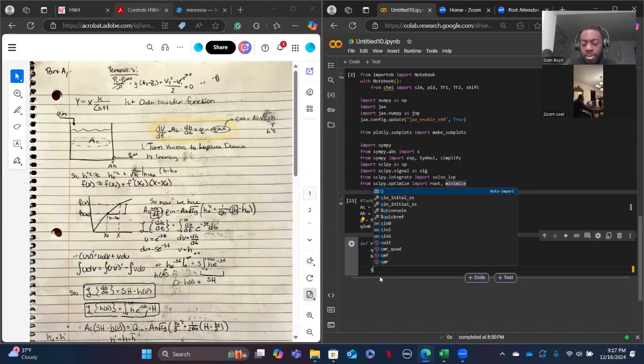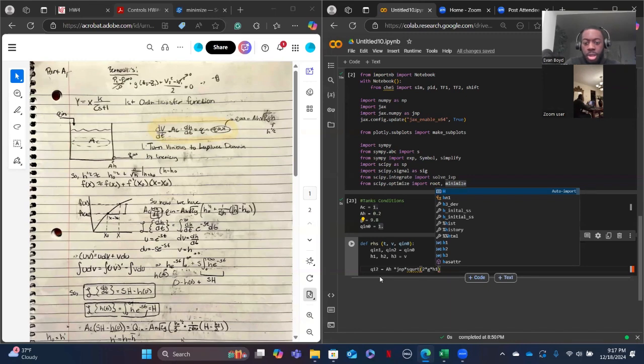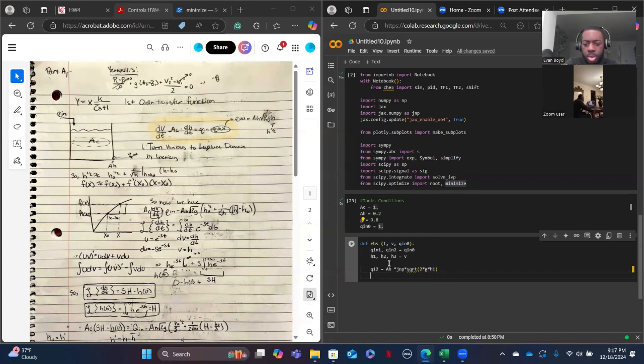The flow out from tank 1 going to tank 2 is equal to the area of the hole times, and since we're using Jacobian, it is jnp.sqrt of 2 times gravity times height 1, the height of tank 1. Yeah, that should be it. No, why is it giving me a squiggly line? Oh, it's supposed to be a dot. Yeah, that makes more sense. Then we do it for all three.